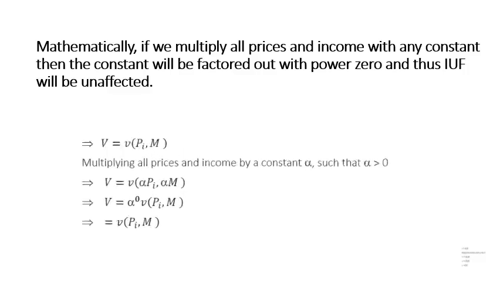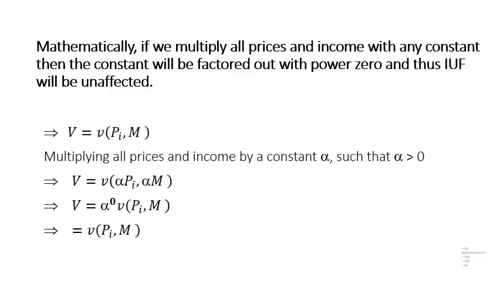We have multiplied all the prices with alpha and income with alpha. The same alpha can be factored out with power 0, so we come up with the same utility function. This is called the indirect utility function being homogeneous of degree 0 in prices and income.